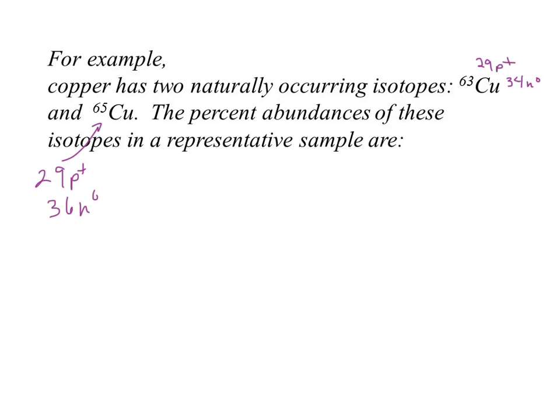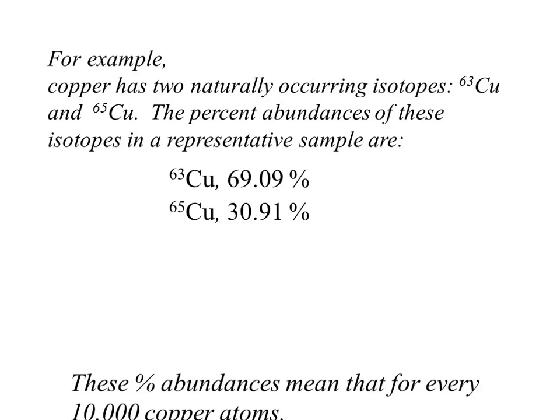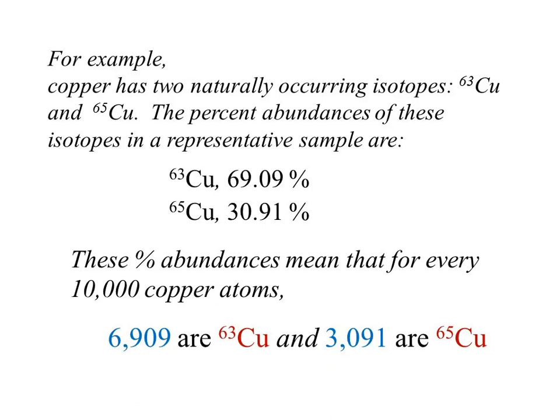Okay. So we're picking on copper for a couple of thoughts here. Notice the one that's more abundant is the lighter one, right? What this means, and don't get too hung up on this, is a percent of about 70-30, or more precisely 69.09% versus 30.31%.